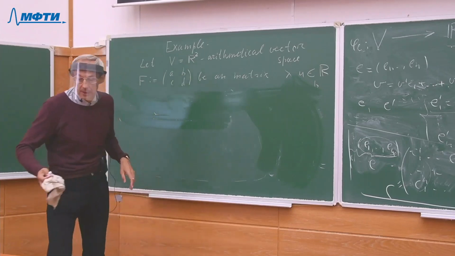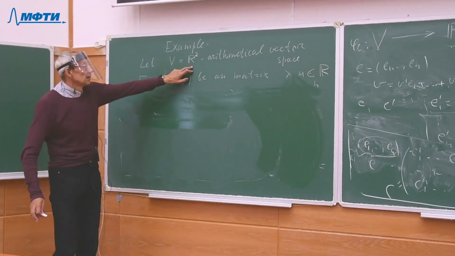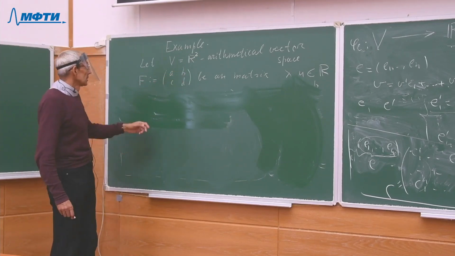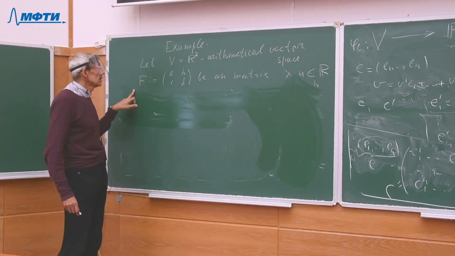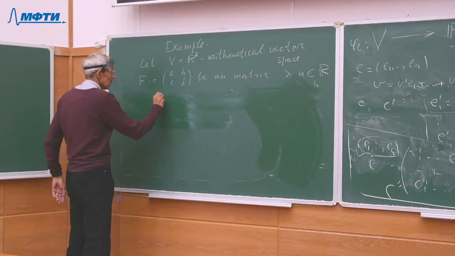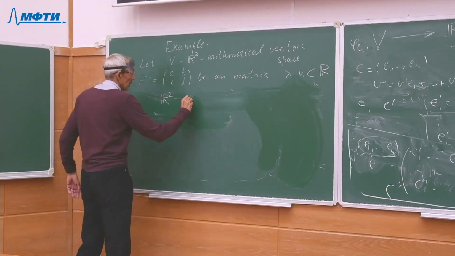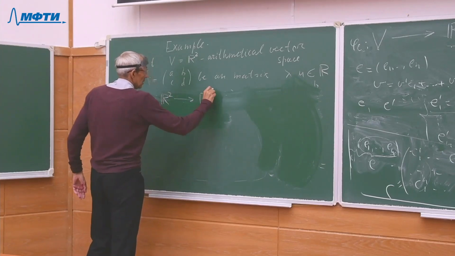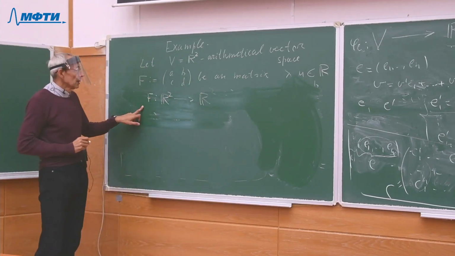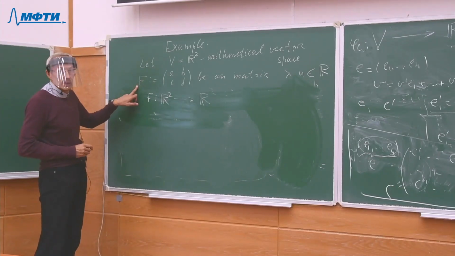Let V be the arithmetical vector space R2, and we can consider the following mapping from R2 to R2, the mapping which is defined by the matrix F.